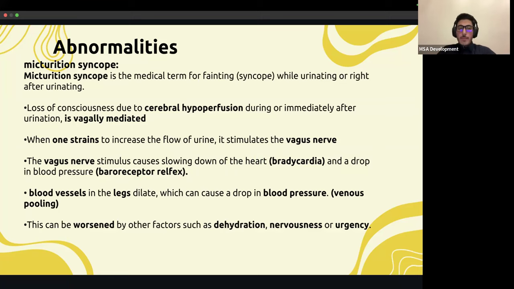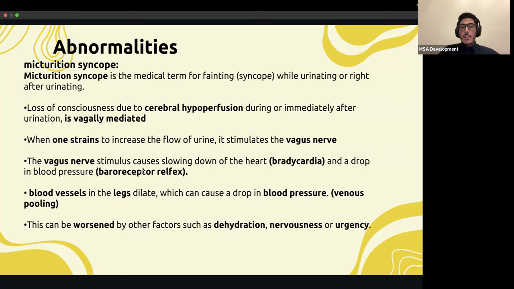Inducing this reflex can result in a decrease in blood pressure, one of the ways being by inducing bradycardia of the heart. This can also result in the blood vessels in the legs dilating. The dilation of those blood vessels can result in a drop of blood pressure, venous pooling in those patients, and decreased cardiac output. So generally the blood pressure in the body decreases.